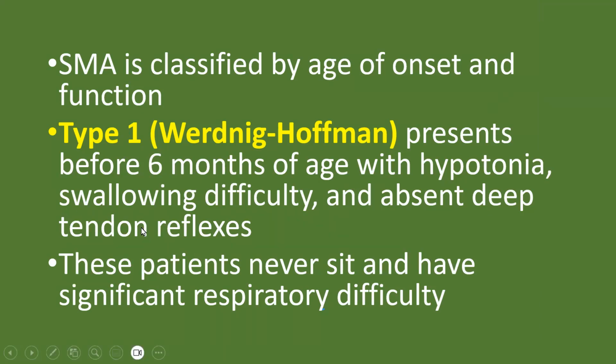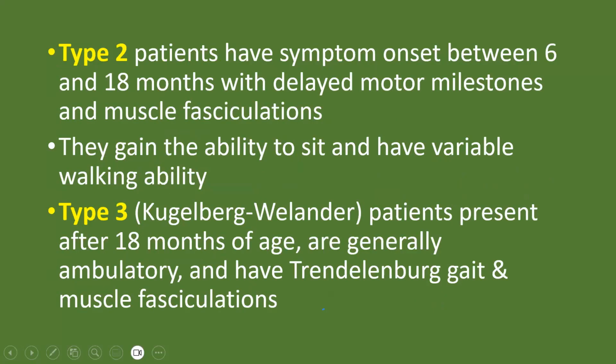The type 2 patients have symptom onset between 6 and 18 months with delayed motor milestones and muscle fasciculations. They gain the ability to sit and have variable walking ability. And type 3 is the Kugelberg-Welander patients, who present after 18 months of age and are generally ambulatory, and they have a Trendelenburg gait and muscle fasciculations.